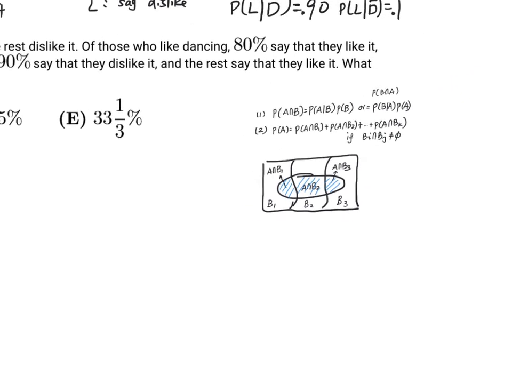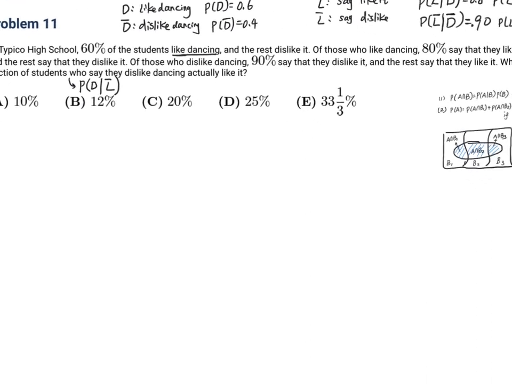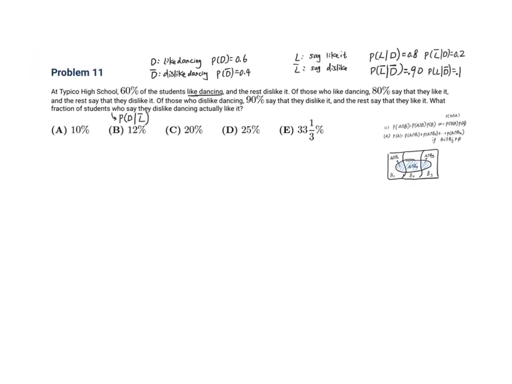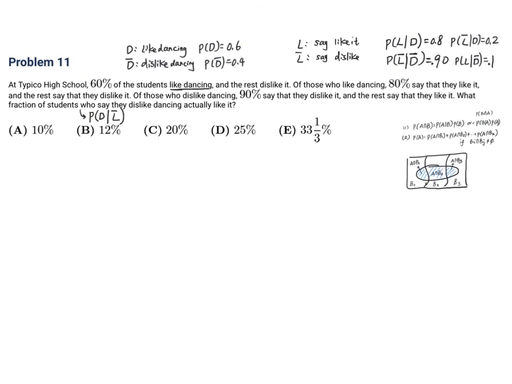Now, let's go back to the problem. We have that given information, and let's begin with the probability of D given L bar. This is equal to the probability of D and L bar, the intersection of D and L bar, divided by the probability of L bar.